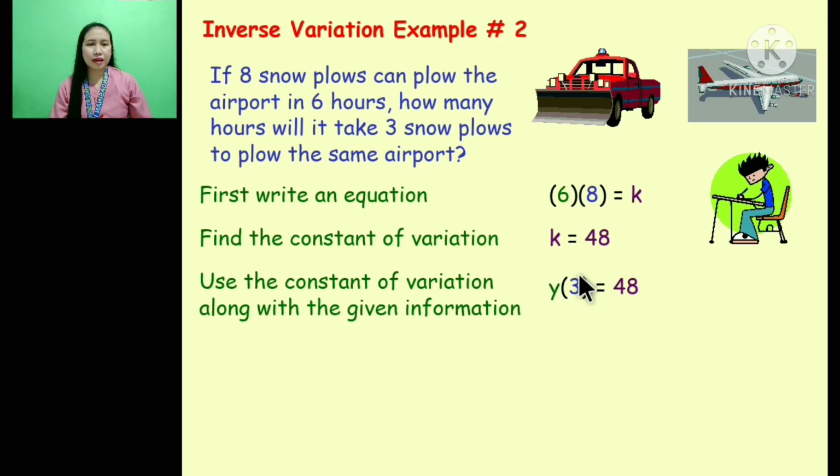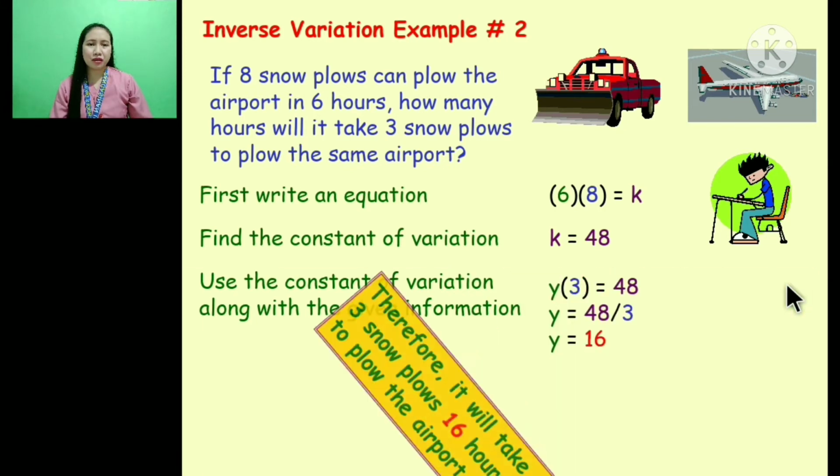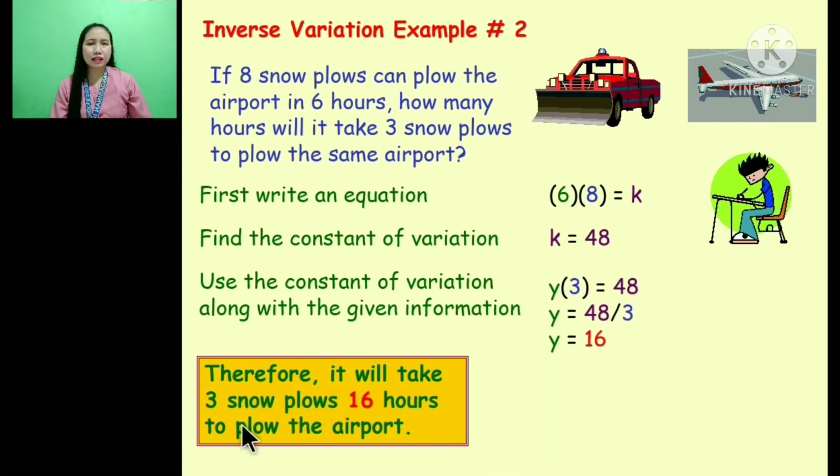The value of x is 3, and our constant is 48. So divide both sides by 3. We have now y is equal to 48 divided by 3. So what is the value of y? Very good. y is equal to 16. Therefore, it will take 3 snowplows 16 hours to plow the airport.